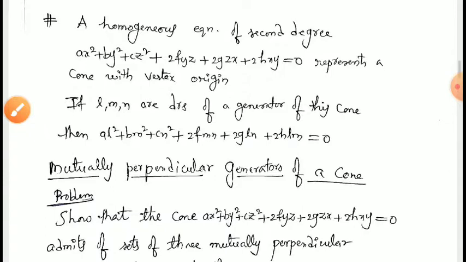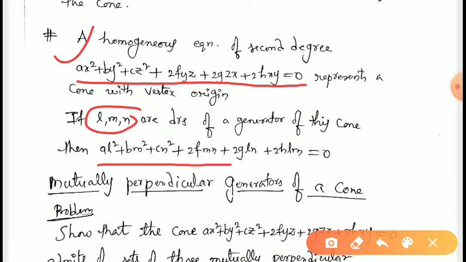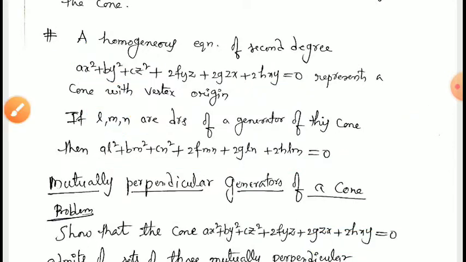That means if l, m, n are the direction ratios of the generator of this cone, then l, m, n satisfy this equation. That means al square plus bm square plus cn square plus 2fmn plus 2gln plus 2hlm is equal to 0. This is the concept you have to keep in your mind.